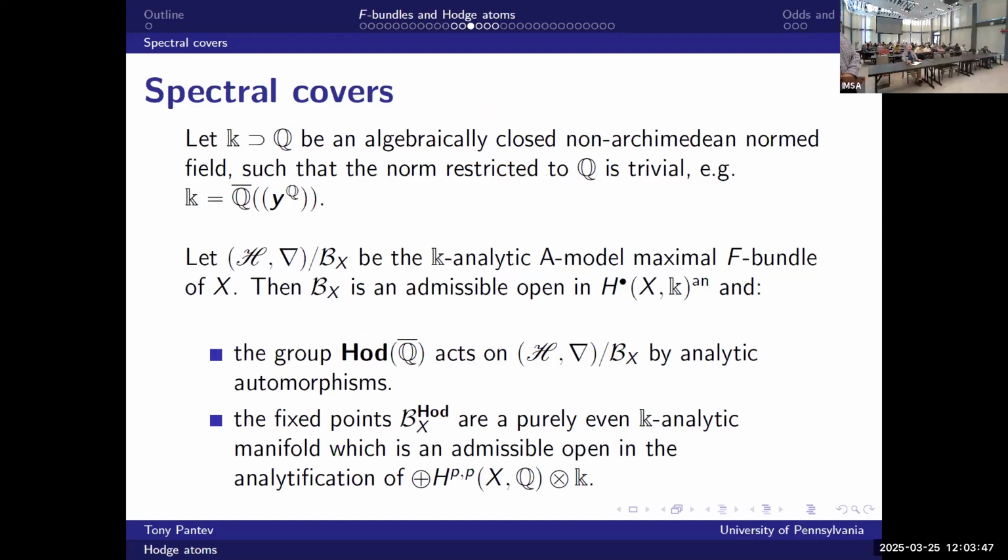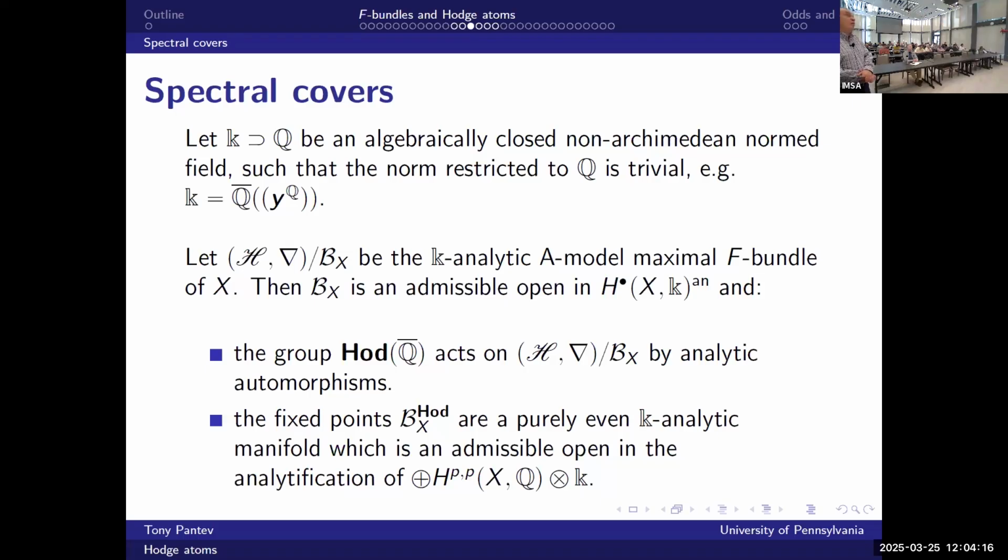Okay, so now, for concreteness, I'm going to take this K to be the field of Puiseux series in one variable over Q bar, and take the K-analytic A model F bundle of a projective manifold. So the base now is given by a full homology, an open subset in the full homology.